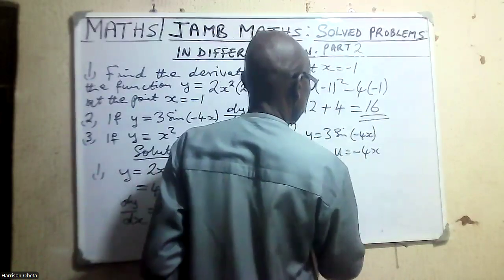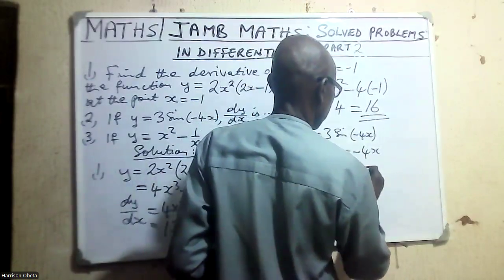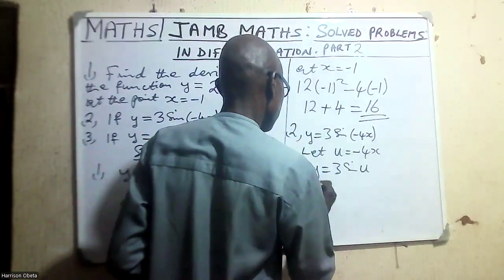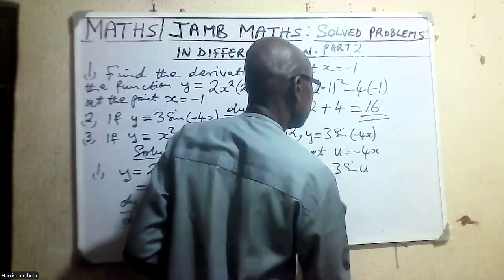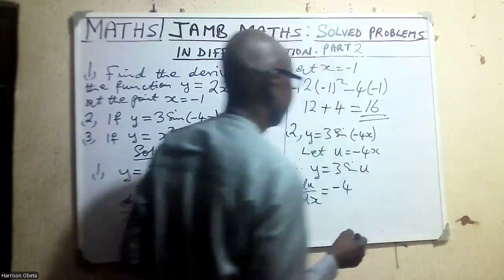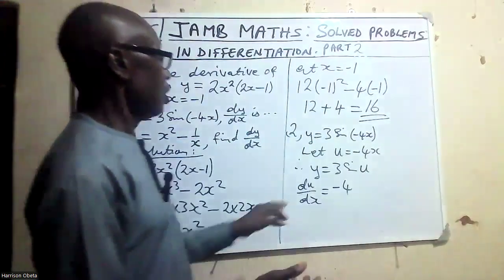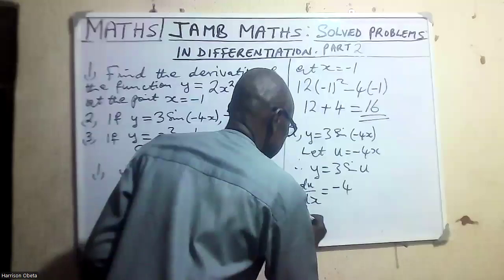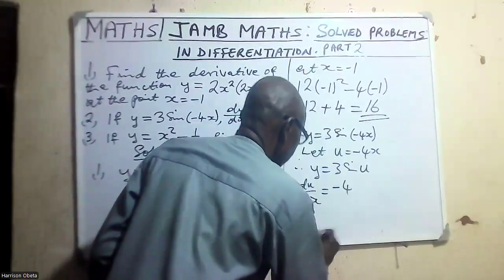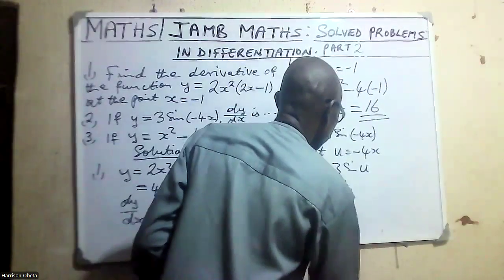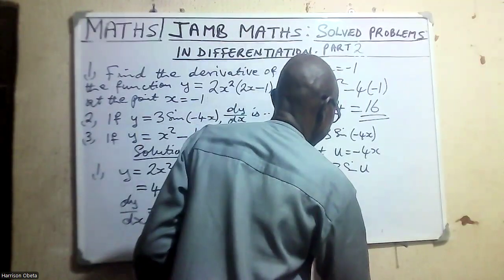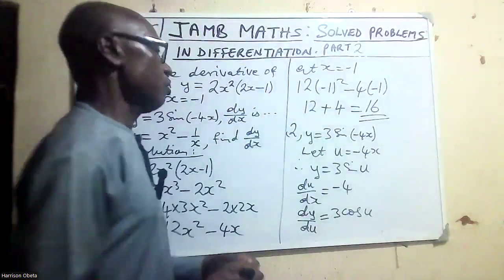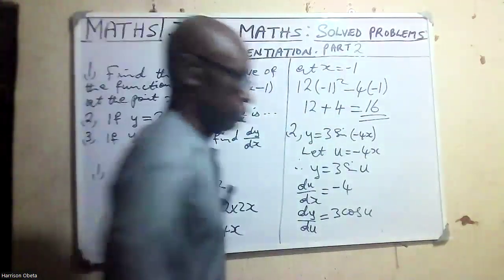Therefore, y is equal to 3 sine u. And then from there, du over dx will give us minus 4. That's differentiating u with respect to x. And then we also know that dy over du will give us 3 cos u. But differential coefficient of sine is cos.